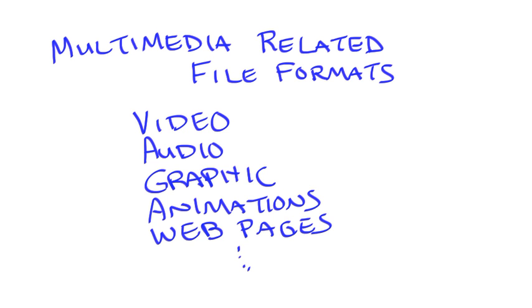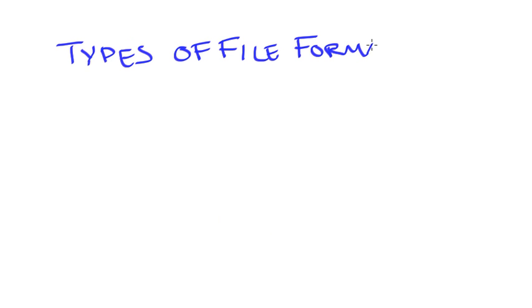One other thing before we get going here. Let's also deal with some different types of file formats. And let me explain what I mean by that. What I'm referring to here in this particular case is that in some applications, that application will store the data in a particular format that is unique to that application.